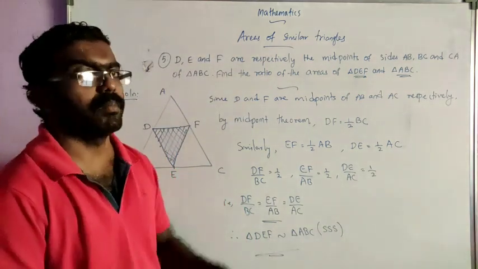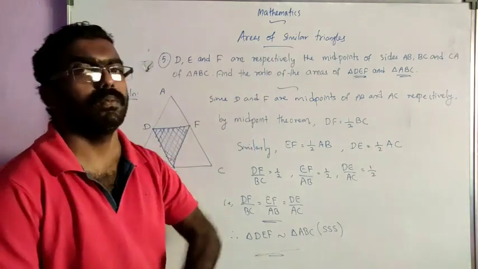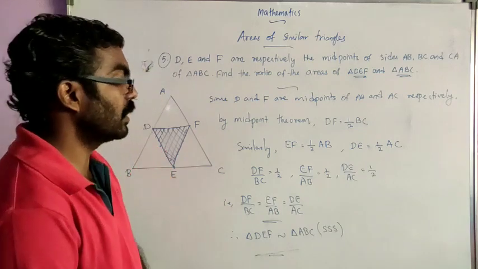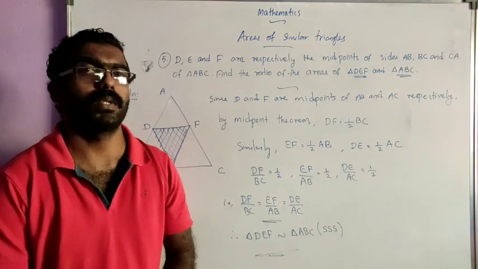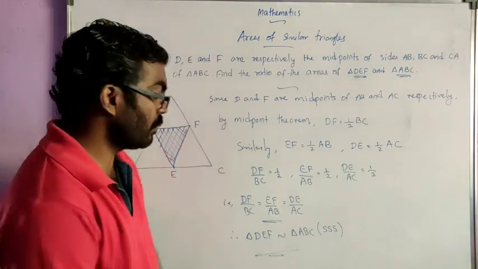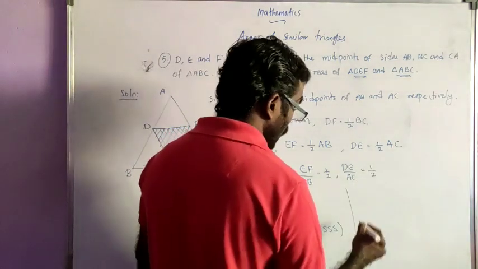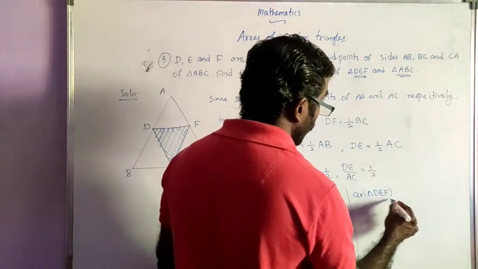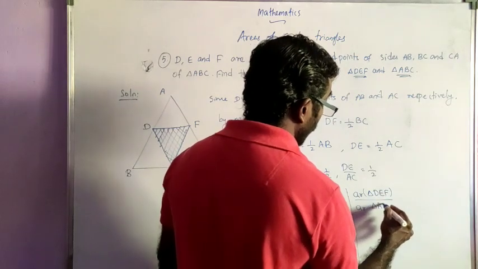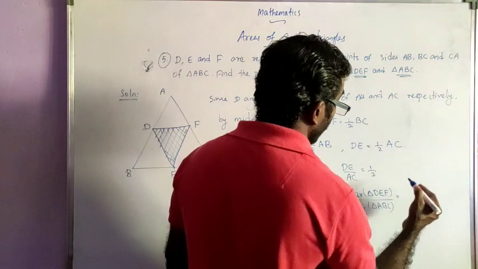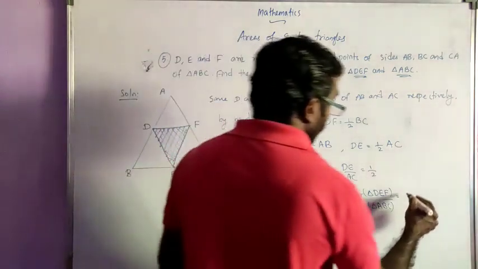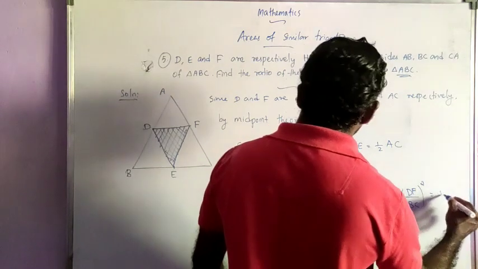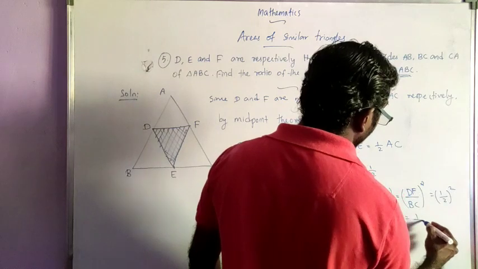Now we can apply the theorem related to areas of similar triangles. The ratio of the areas of two similar triangles will be equal to the square of the ratio of their corresponding sides. So area of triangle DEF by area of triangle ABC equals, taking any one of the sides, DF by BC the whole square, which is 1 by 2 the whole square, equal to 1 by 4.